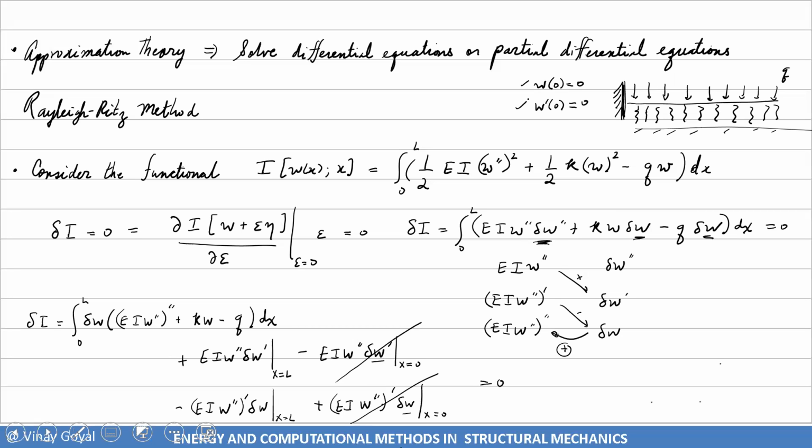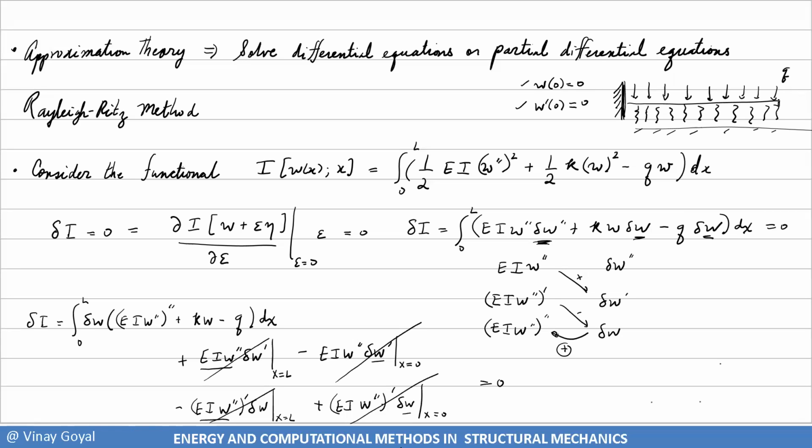And at this free end, there's no moment applied, so this is 0, and there's no shear applied, so this is 0. If you were to solve a physical problem, you will know that because you can look at that there's no moment or shear applied at this end. And so all the boundary terms went away.